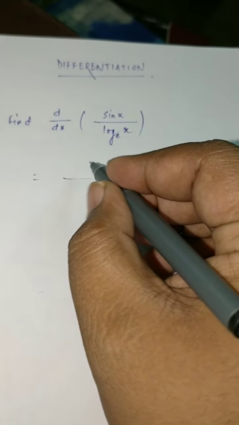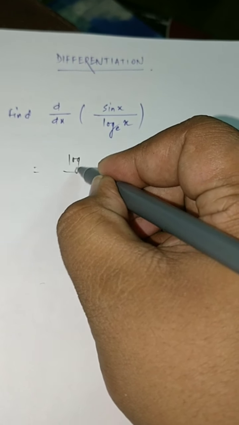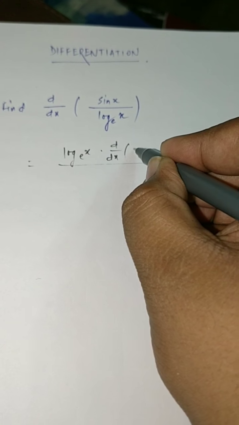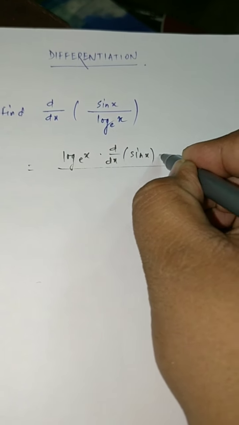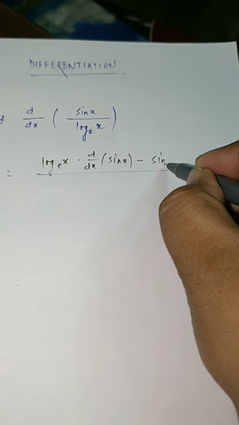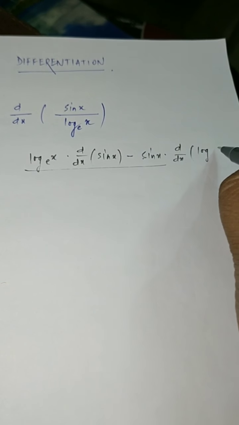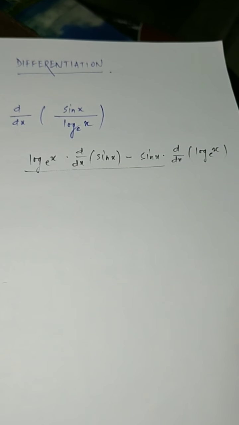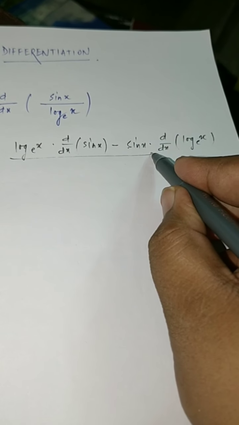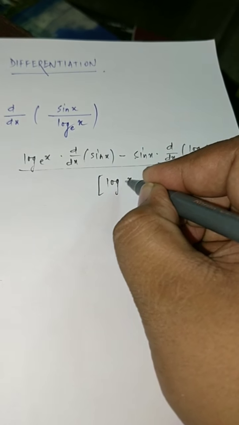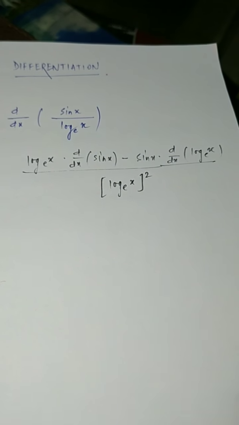In the numerator we'll write the denominator first, log x base e, multiplied by d/dx of the numerator, that is sin x, minus numerator multiplied by d/dx of the denominator, and this whole thing is divided by denominator square.